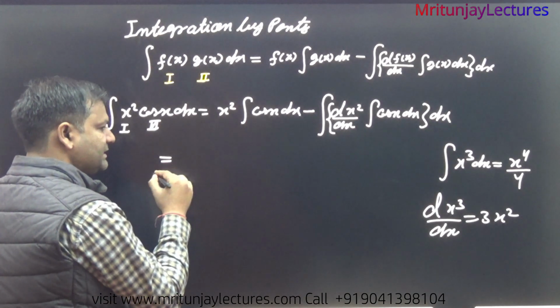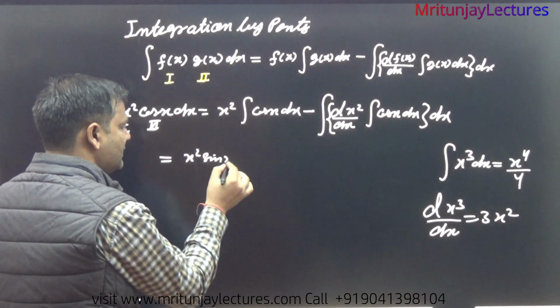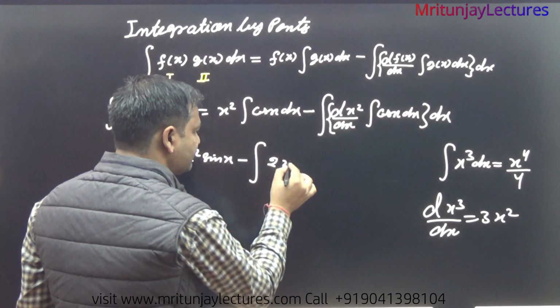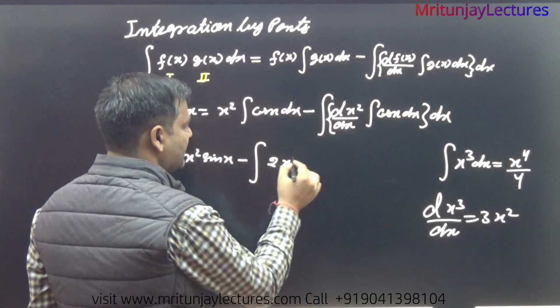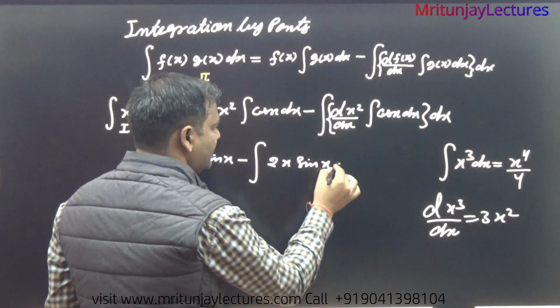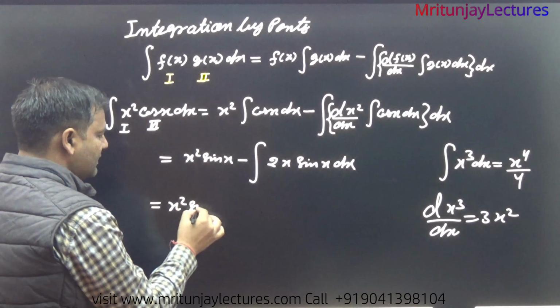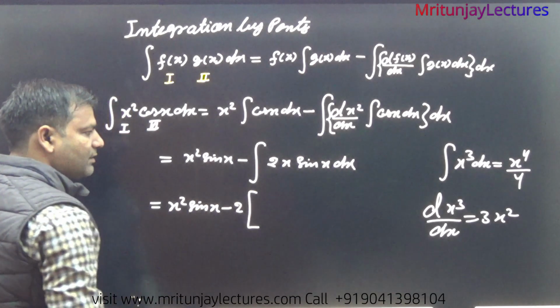Integration of cos x is how much? Sin x. So x square into sin x. Okay, now that one 2x. Integration of cos x, that is how much? Sin x dx.